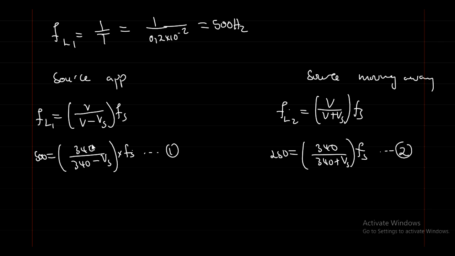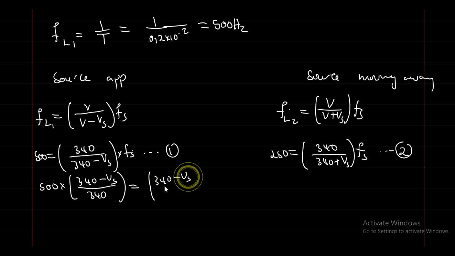the inverse of this. So I will multiply this equation by 340 minus Vs over 340, so that I will have 500 times 340 minus Vs over 340 equals 340 minus Vs over 340 times 340 over 340 minus Vs times Fs.